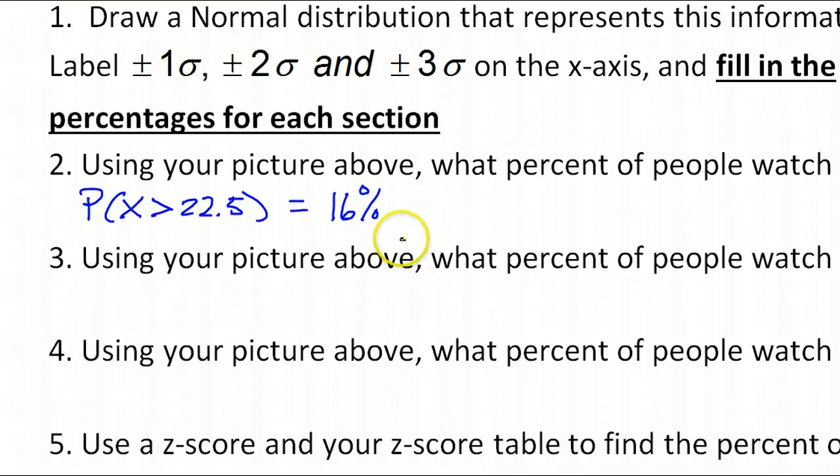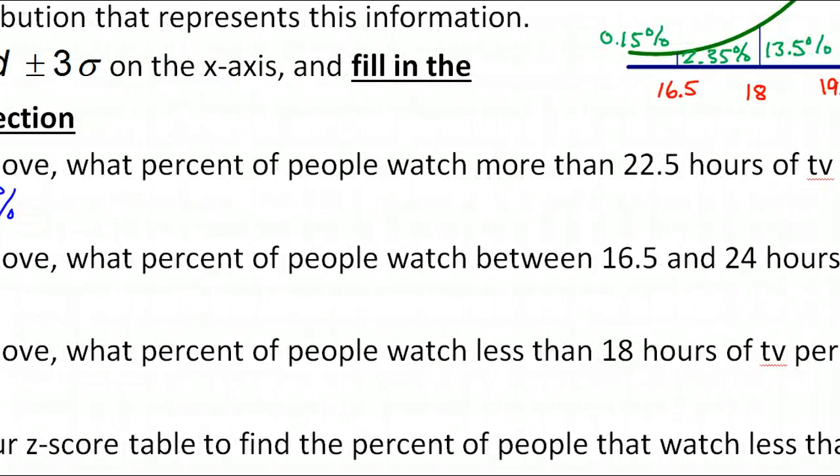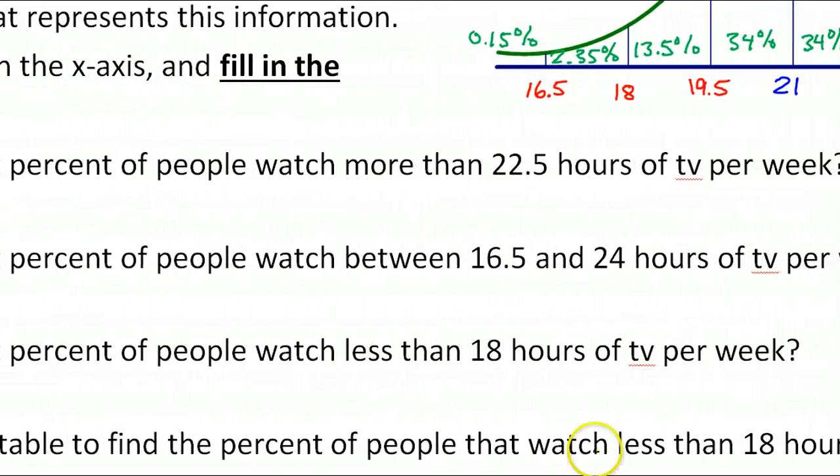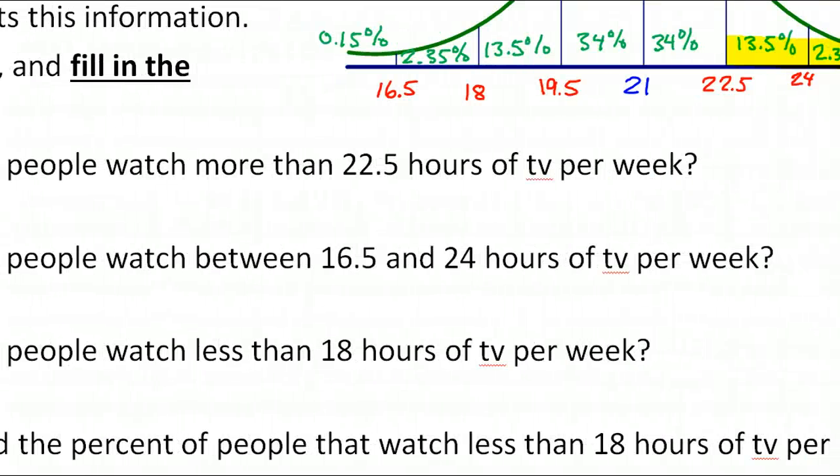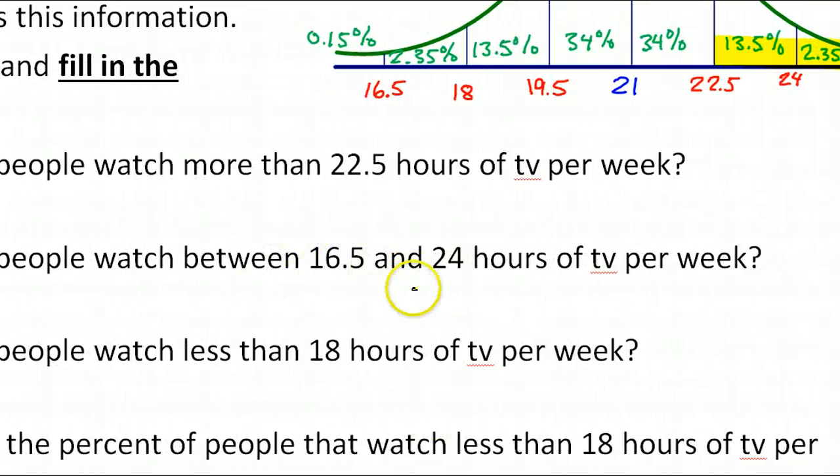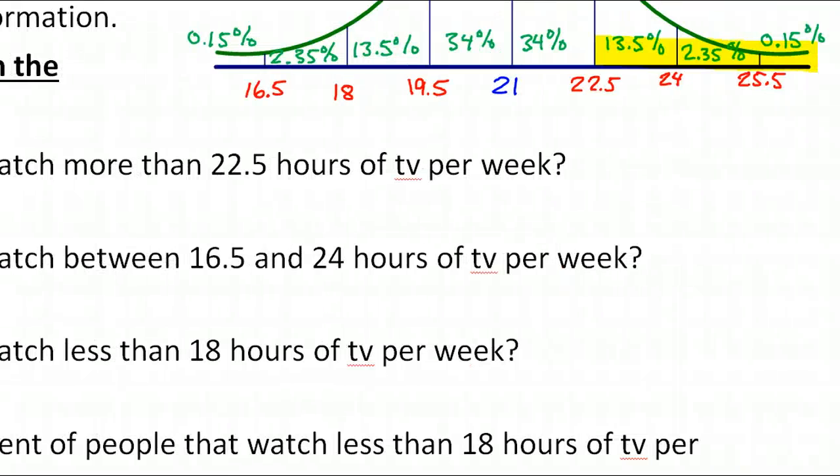Okay, great. Using your picture above, what percent of people watch between 16.5 and 24 hours of TV? I'm just going to keep it over here where I can see the picture. Again, start with your proportion. We're talking about the proportion of x values that are between 16.5 and 24.